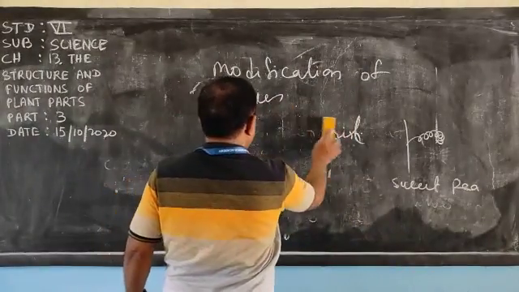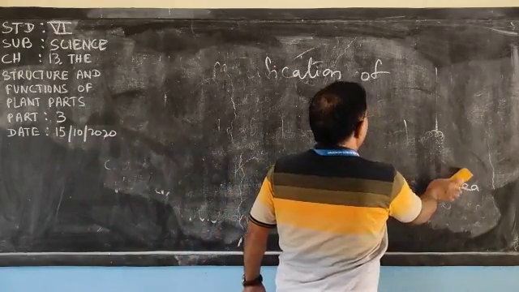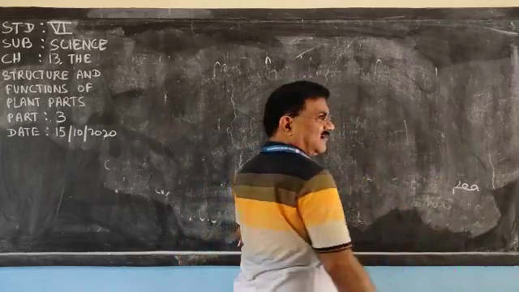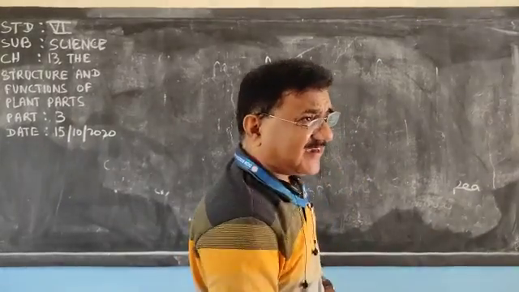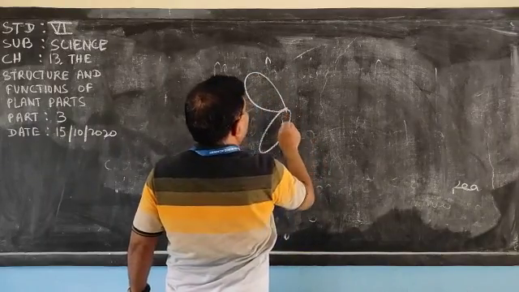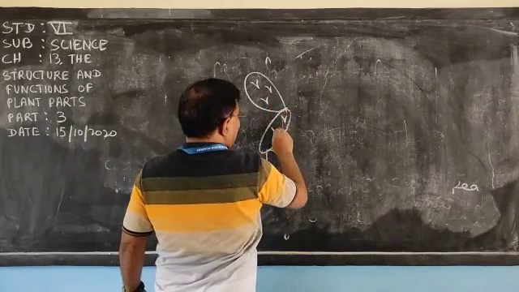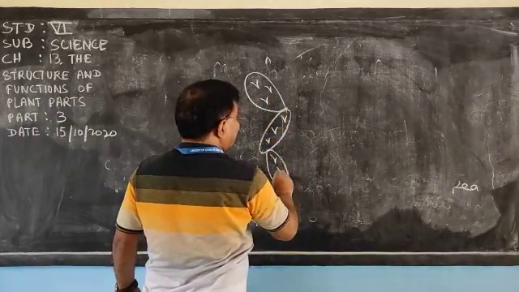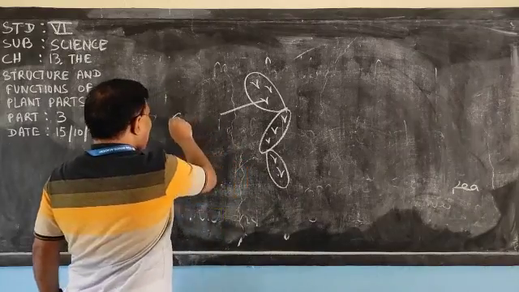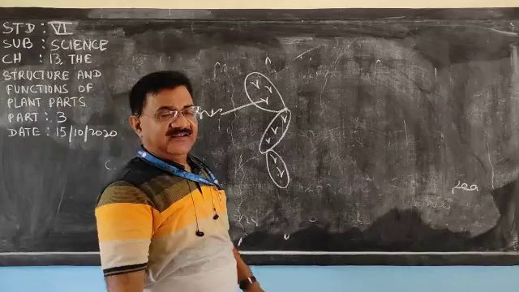Next one, leaf spine. In certain plants, leaves are modified to form a spine. You must have seen the cactus plant. Have you seen the leaf of cactus? Actually, in cactus, the leaves are modified to form spines so that the loss of water can be checked.